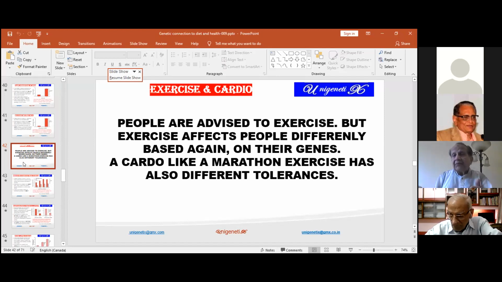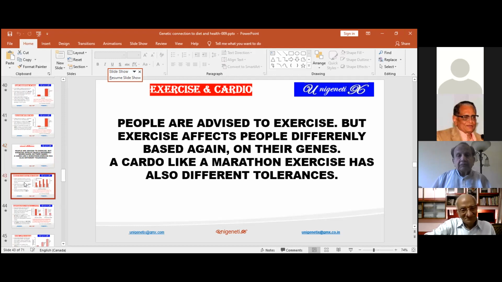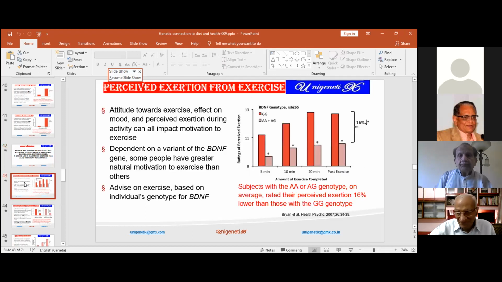Because the exercise effect is different in different types of people. So if somebody in your family, in your practice, or among your friends is going to go for a marathon-like exercise, you should consider that he should do his genetic test before he goes for a marathon. Because it's about how much you feel during exercise.